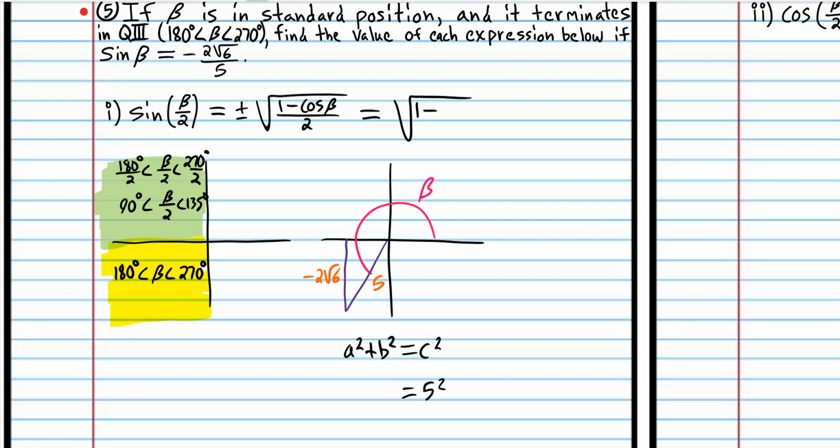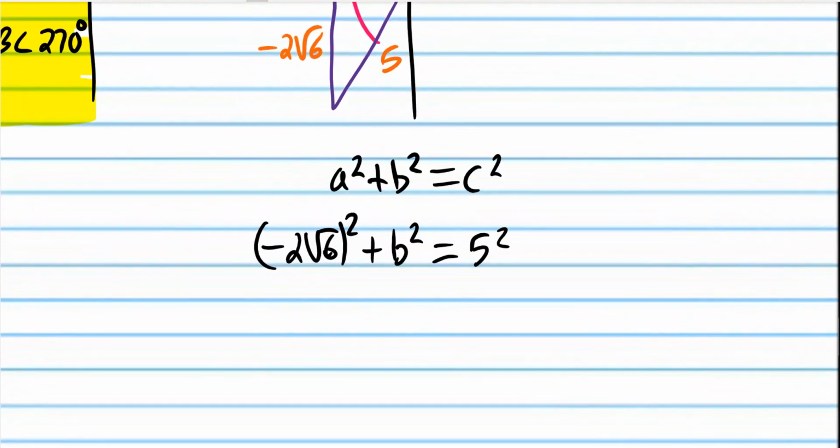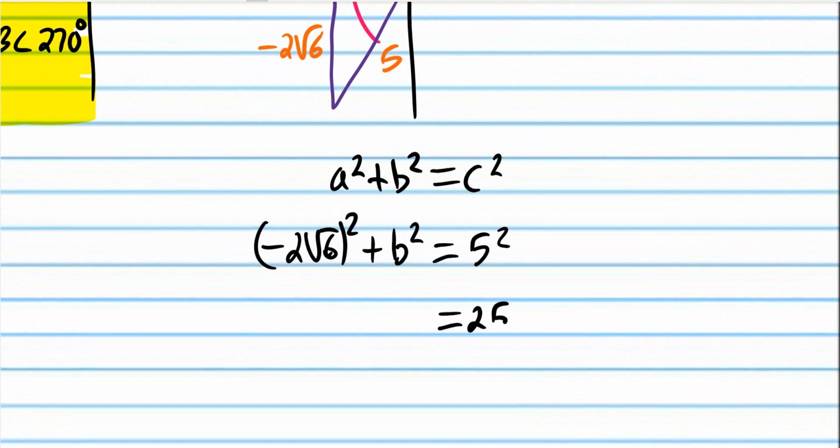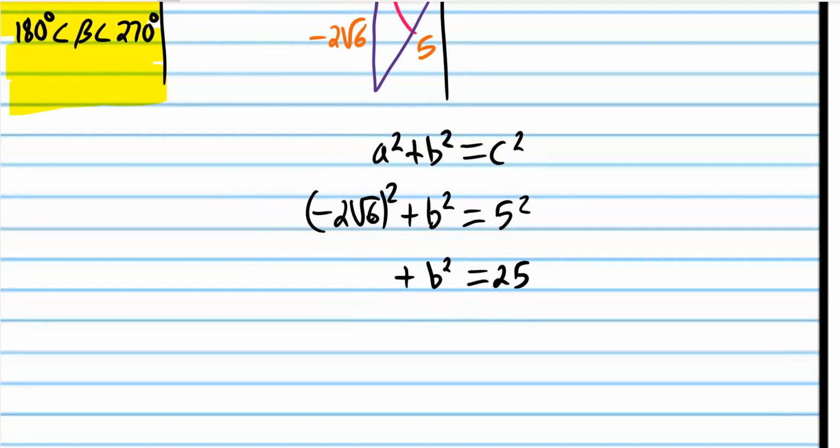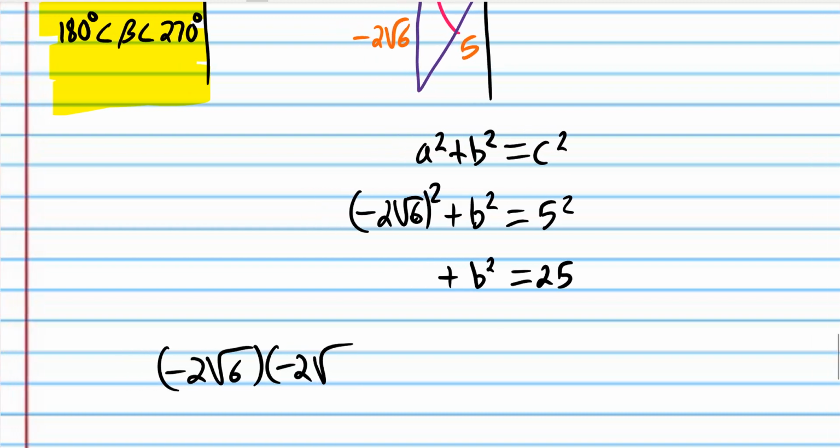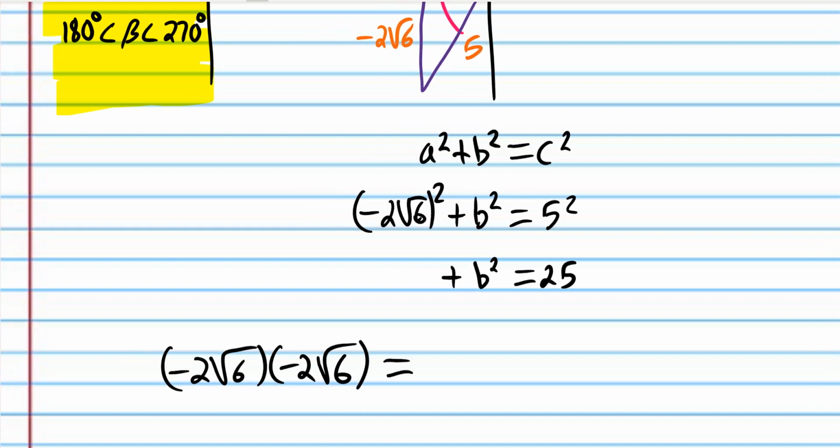So we have 5 squared is equal to b squared plus negative 2 root 6 squared. We get 25 over here, and negative 2 root 6 times negative 2 root 6. It's been a while since we did math like that, but you can multiply the negative 2's and you get 4, and multiply the root 6's and you get root 36.